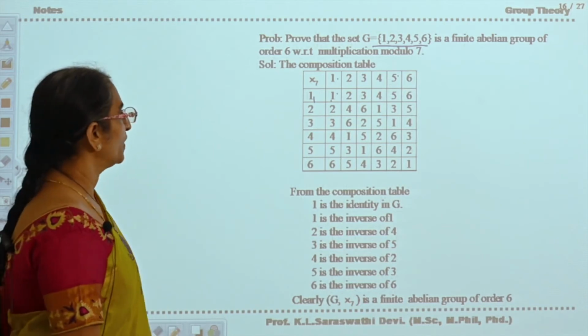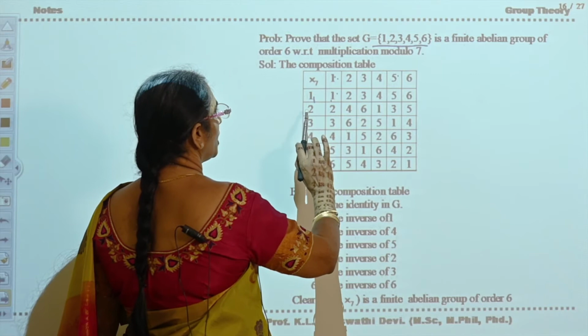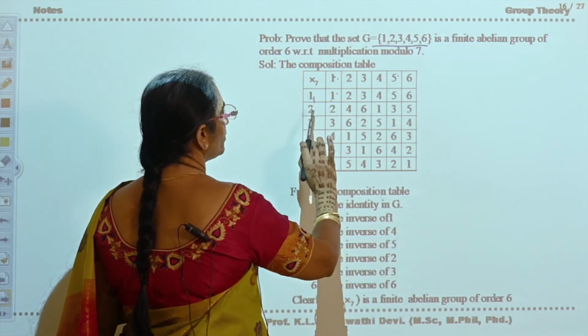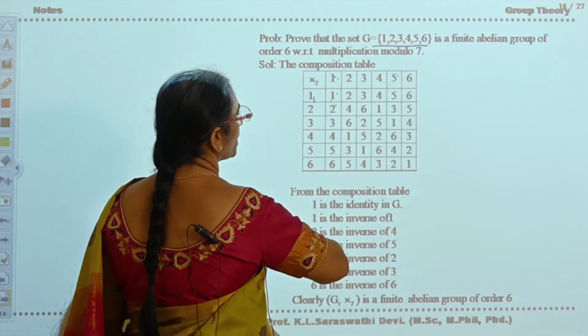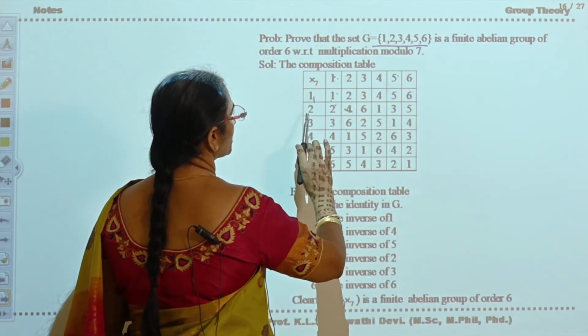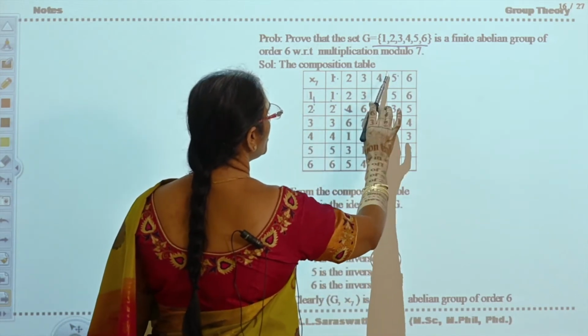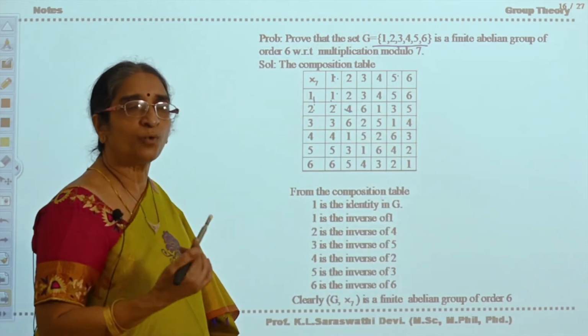So you are writing. Similarly, if you take second row and first column, 2 into 1 by 7, 2 is less than 7, so you are writing it. 2 into 2, 4, it is less than 7, you are writing it as it is. 2 into 3, 6, less than 7, you are writing it. Now see 2 into 4, 8, 8 is more than 7.